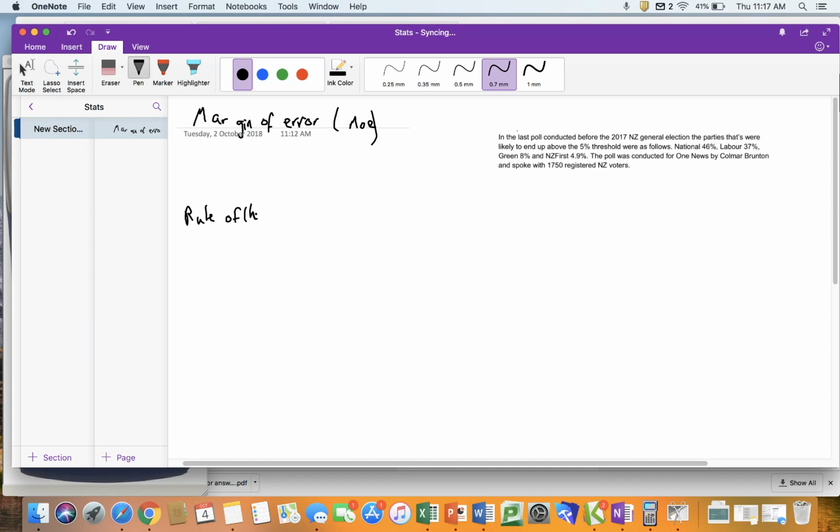The rule of thumb is that if you have a proportion that is between 30% and 70%, I don't have to use a really complicated formula.